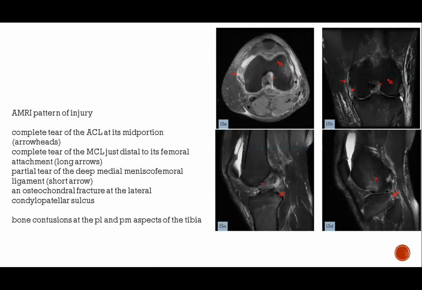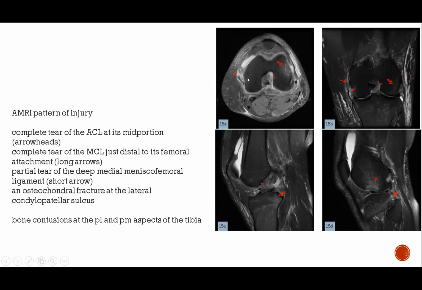Coming to the anteromedial pattern of injury, we already saw there is strain on the medial aspects and also a tear. We can see the complete tear of the MCL and the complete tear of the ACL in the axial. There is no ACL here, as found in the third picture where the ACL is torn.